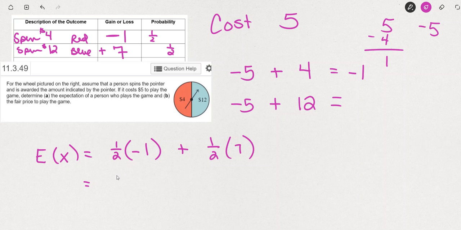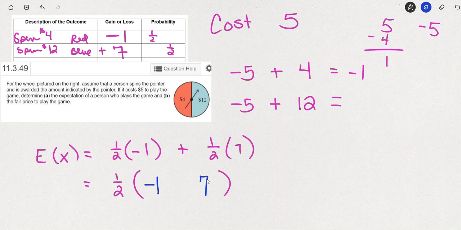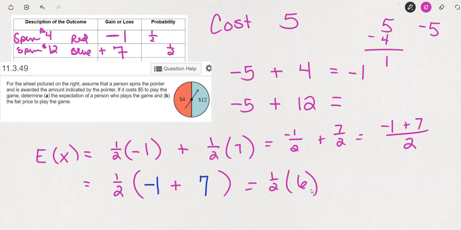But do you see that this is going to be the same thing as 1/2 because it's equally likely. There's two outcomes that are both equally likely. So we could put each of those outcomes here and find the sum. And it's going to be the same thing because when we do the arithmetic here, we end up doing -1 plus 7 over 2. So it's the same thing as if I did 1/2 of 6. But either way, you'll be able to get the expected value.